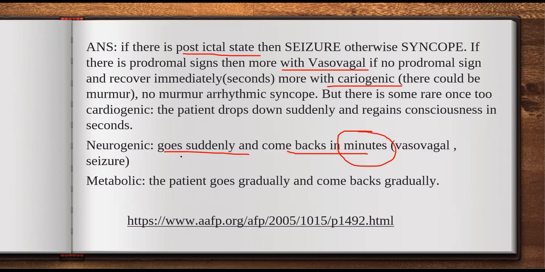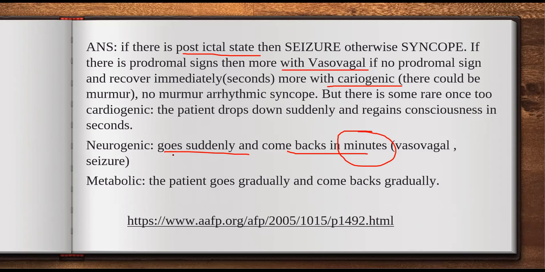Now, what about postural hypotension? Postural hypotension is mainly common in elderly patients who are on a lot of medications. Usually the question will tell you the patient had a syncopal attack at home, when they wake up from the bed in the morning and the patient gets dizzy, falls, or loses consciousness. When they wake up, they change their position from sitting to standing.